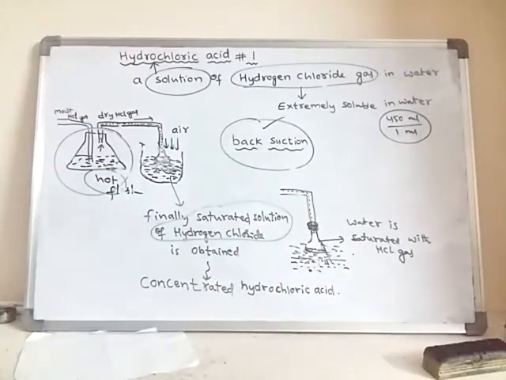So in this way, concentrated hydrochloric acid can be obtained from hydrogen chloride gas due to dissolution of hydrogen chloride gas in the water.